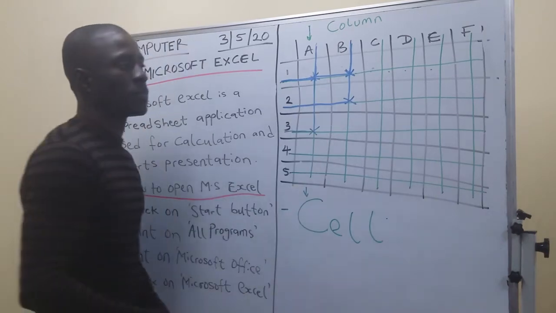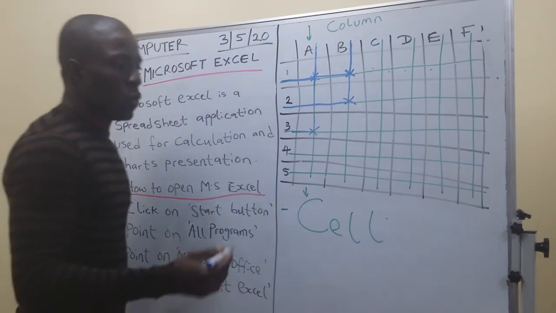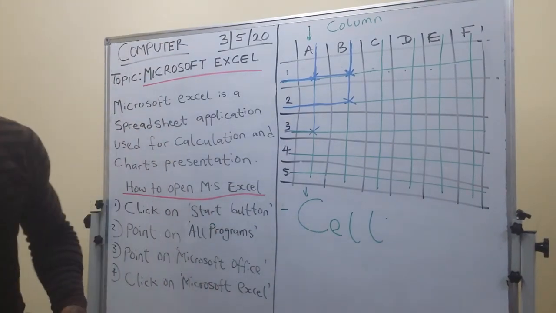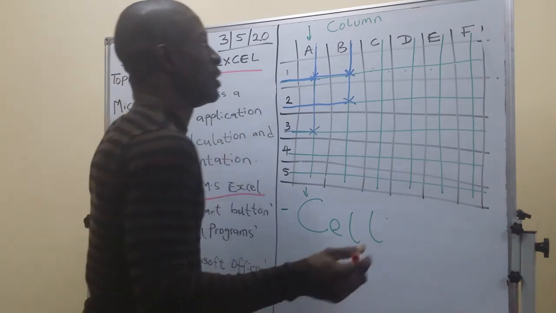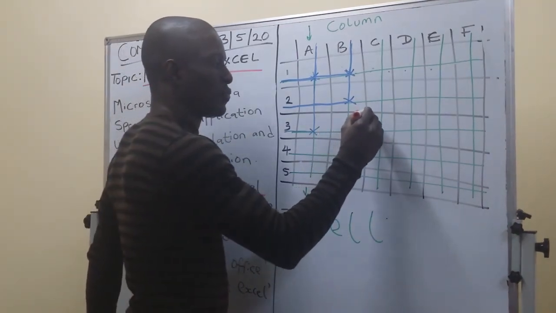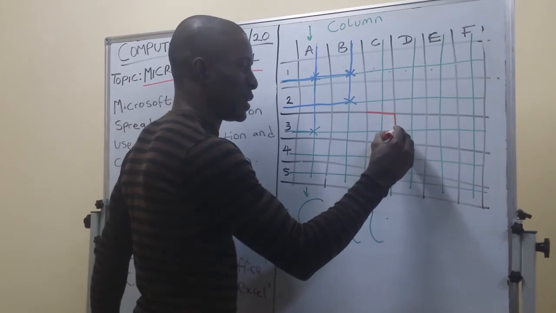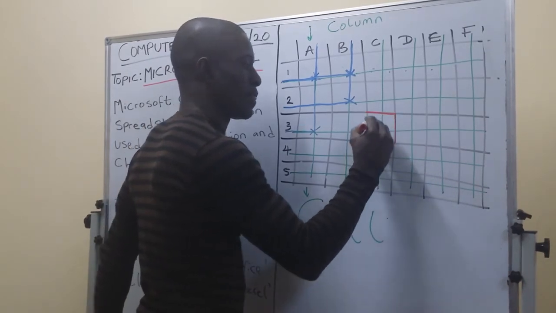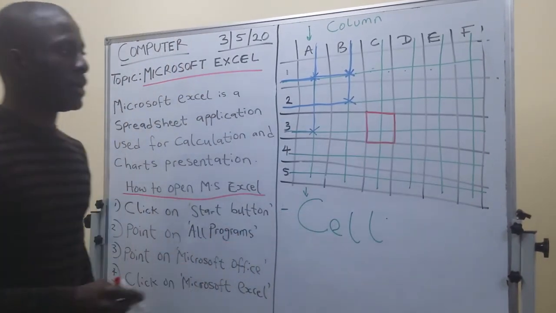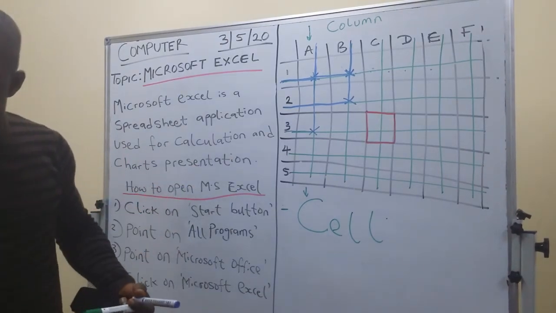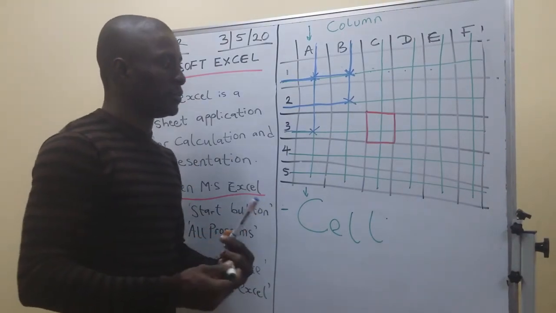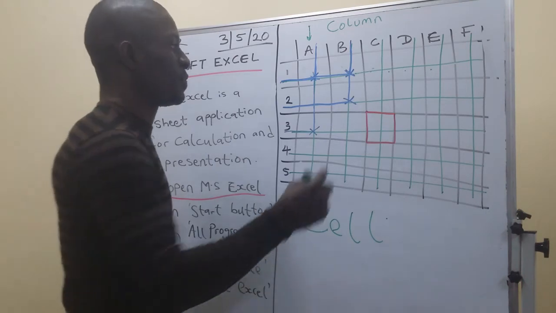So let me ask you, which row and column form this particular cell here? Look properly. How will you know the row and column that form this cell here?